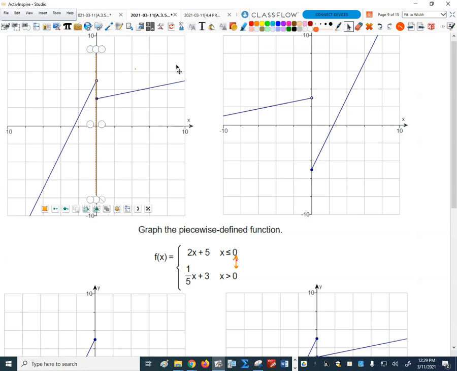Okay, so there's my boundary line, right? That's in the right spot. Let's see if the other parts are, though. So we know that when x is less than or equal to 0, we should be graphing, we'll make this our blue function, the function y equals 2x plus 5.